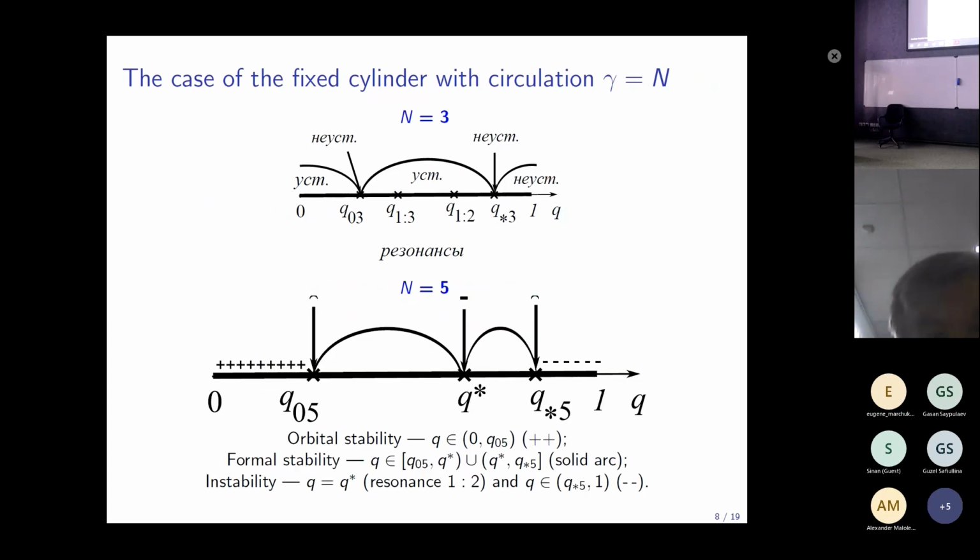And for n equal to 3 and n equal to 5, the orbital stability is proved from 0 to q03 for n equal to 3, and for n equal to 5 from 0 to q05.